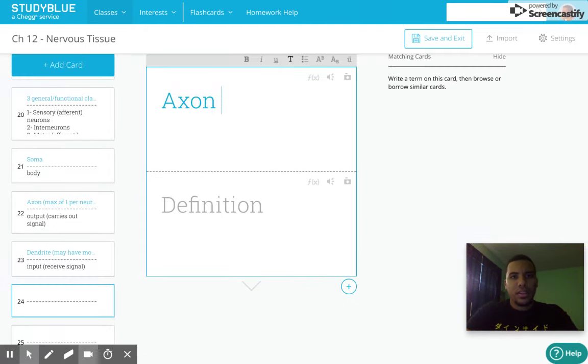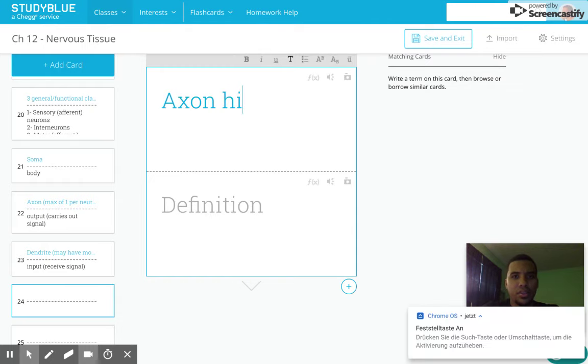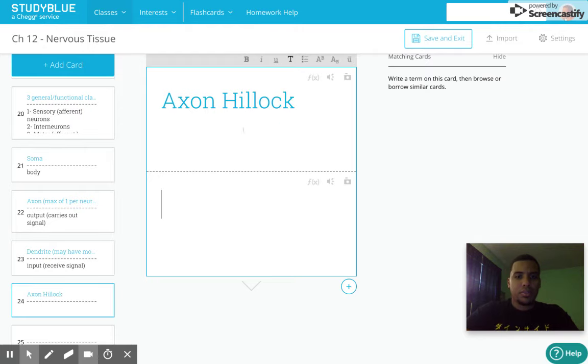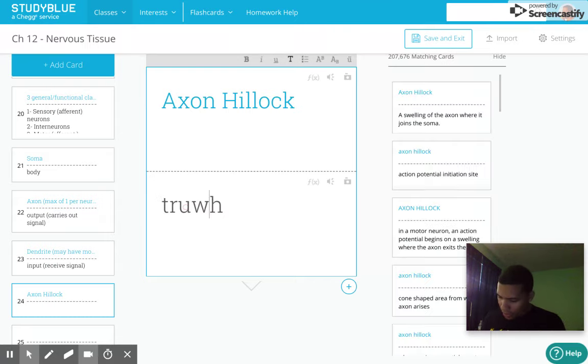Your axon hillock, I really don't know how to pronounce that. That's pretty much just the trunk. So if you go to slide 12-21, it's going to say that an axon originates from a mound on one side of the soma called the axon hillock.